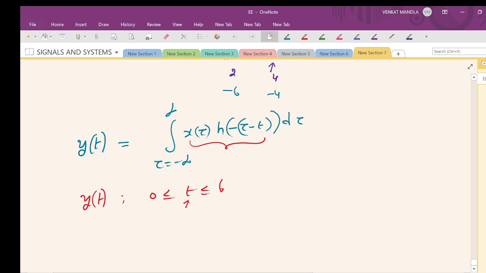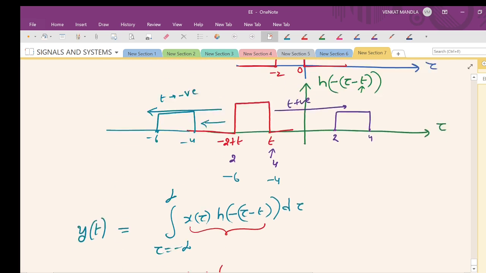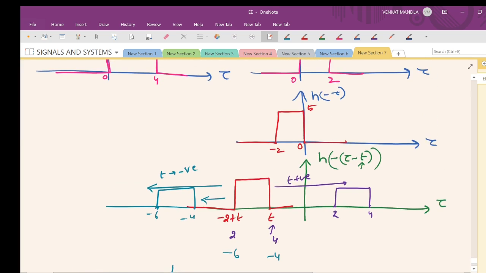If t is greater than 6, this multiplication will also become 0. Only if 0 is less than t less than 6, that is, if t is in between these two limits, will we get a non-zero value of this multiplication. I will show that here.